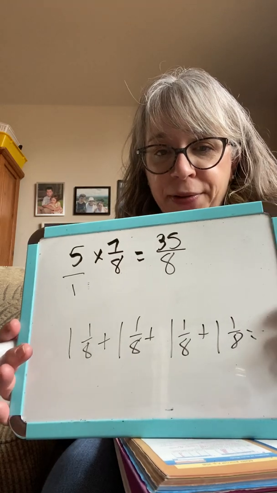Let's see. But for me, I'm just going to add 1/8. I keep losing my spot. So this is just how I do it, just because that's what makes sense to me. But if you have an easier way than adding those, then super, do it. 1, 2, 3, 4.